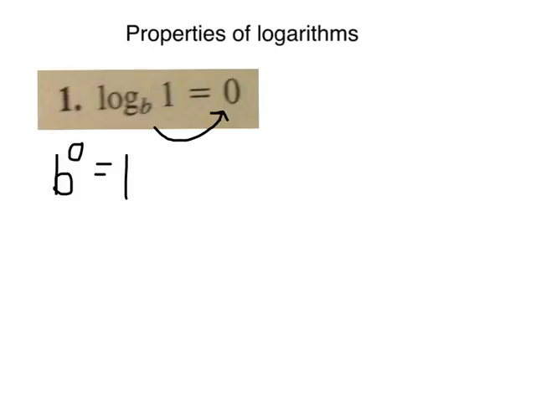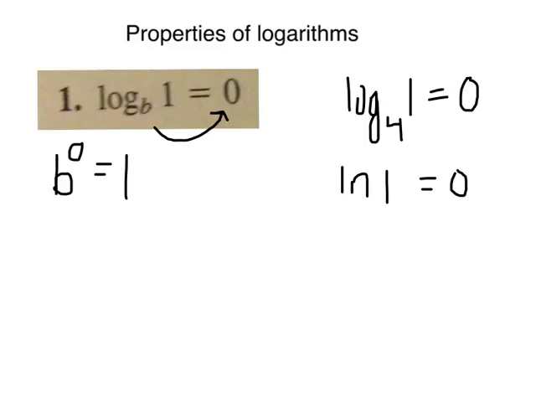So let's do an example. If I have log base 1, that will be 0. If I have the natural log ln of 1, that will equal 0. Remember that ln represents log base e of 1.